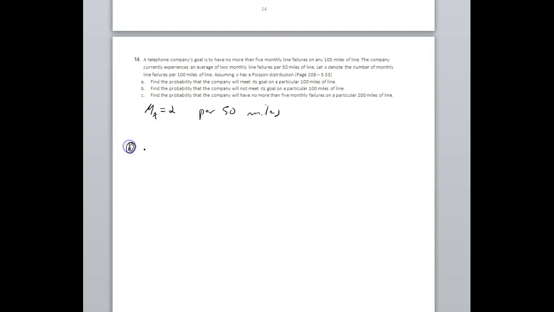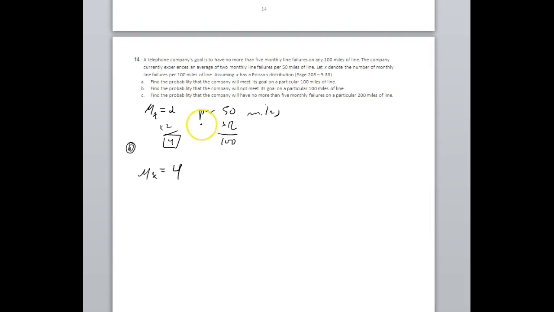So if we're referring to 100 miles of line, we just multiply this. So what do we multiply to get to 100? We multiply it by 2. So then we would multiply this by 2 as well. Okay. So for A, mu of x is going to be equal to 4.